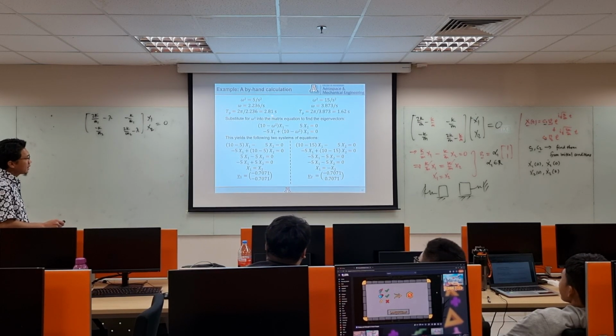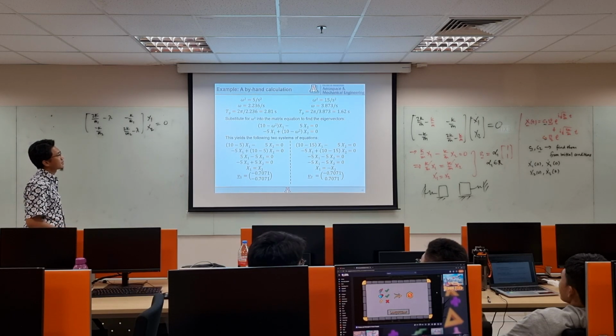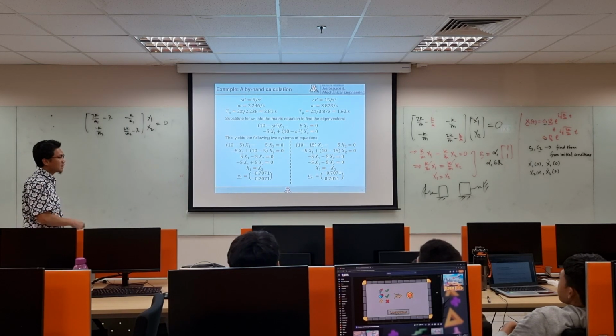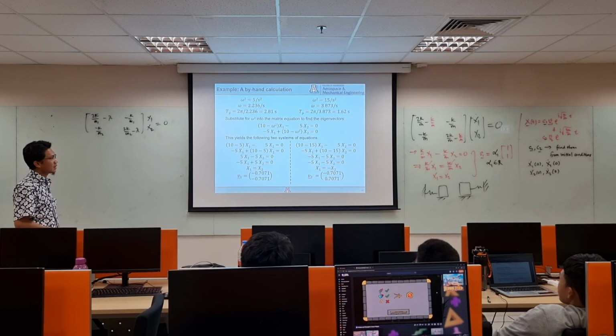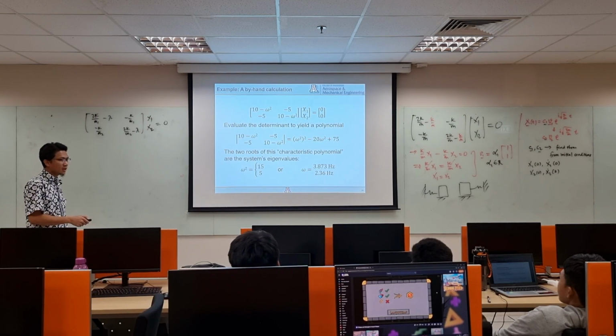You get the period here, which is why the 2 pi divided by this is correct. But just now the unit in here is radian per second.